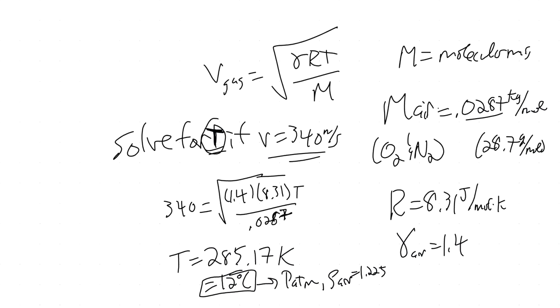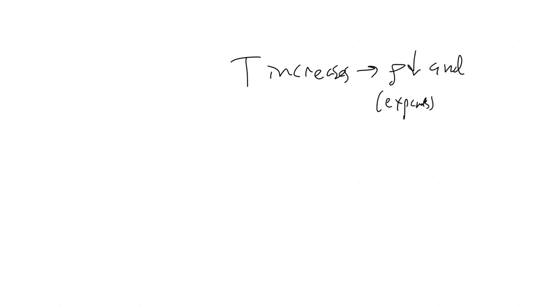Let's review what I just said. If the temperature goes up, what does that do? It makes density go down because it expands, and it makes the pressure go up. So if V is the square root of bulk modulus over density, density went down, bulk modulus went up.